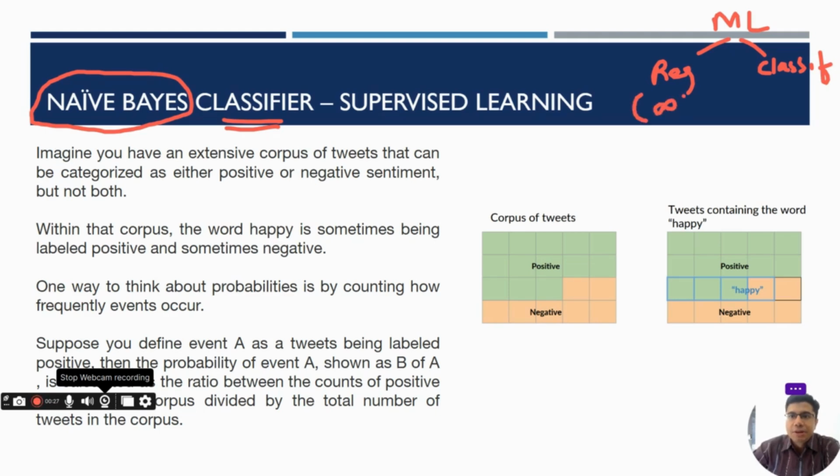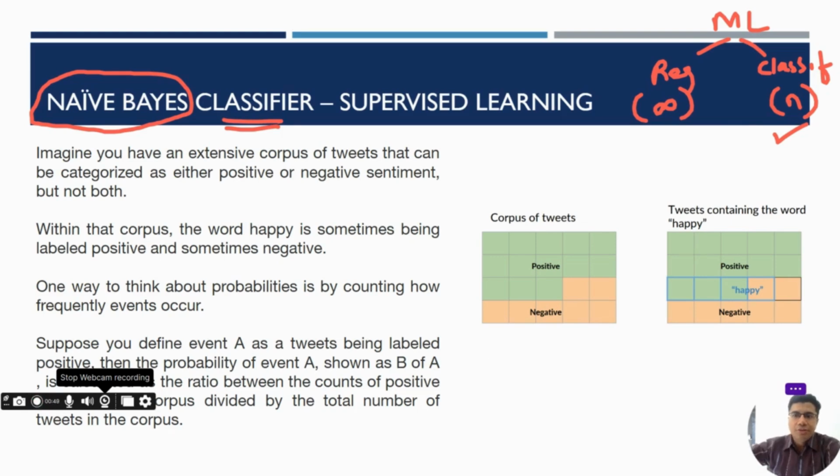Regression is when we are predicting continuous output, and classification is when we are predicting finite outcomes. In that way, naive Bayes is a classifier, whereas k nearest neighbor can perform both regression as well as classification.